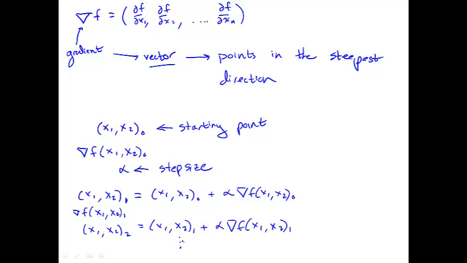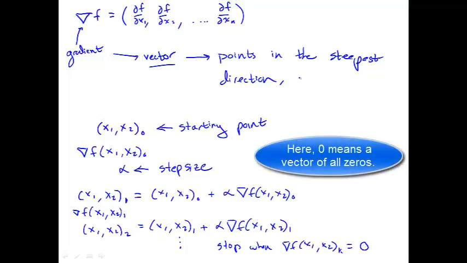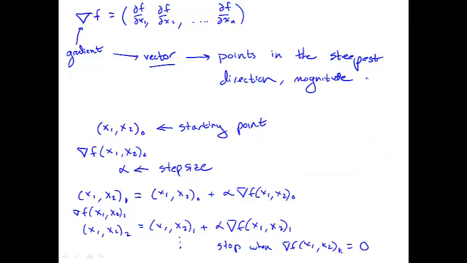And then when do you stop? Well, you stop when the gradient of f, so after the kth step, you stop when the gradient is equal to 0. And this is because the magnitude of the gradient is equal to the steepness of the slope.